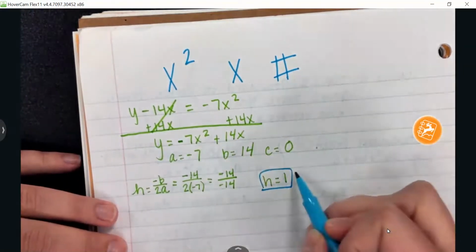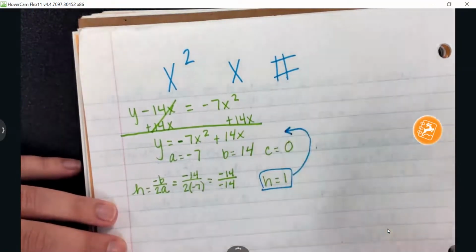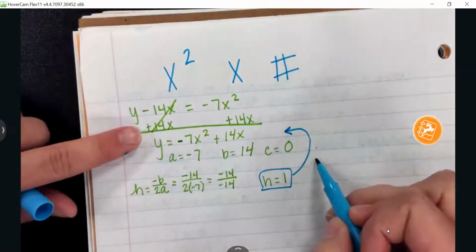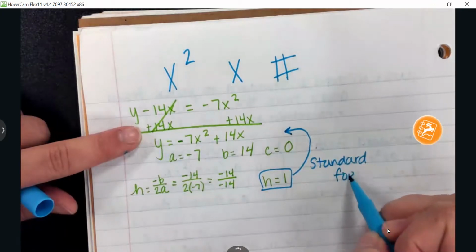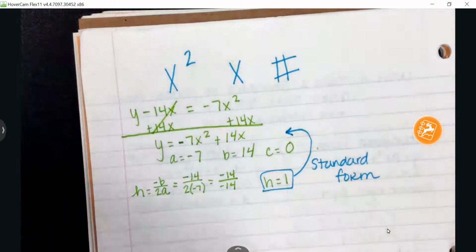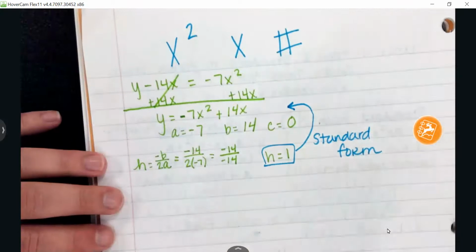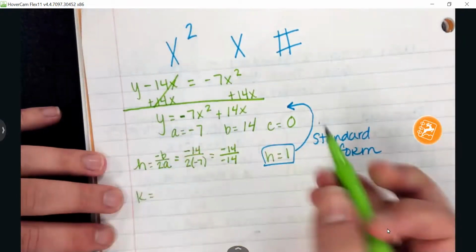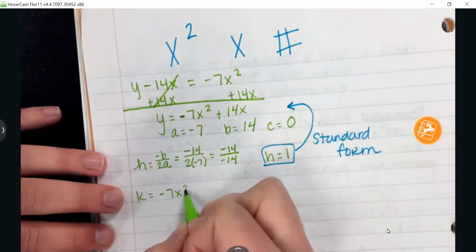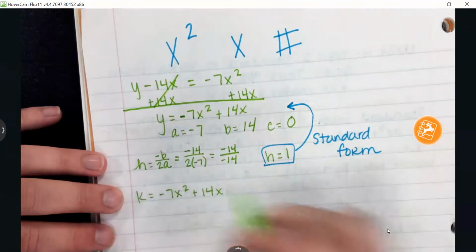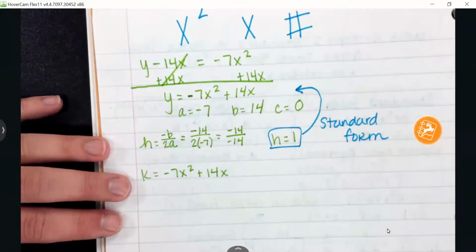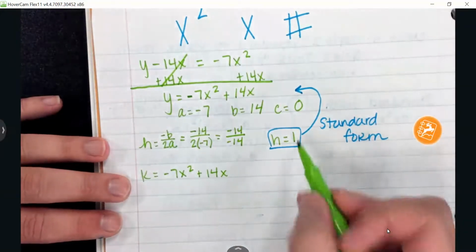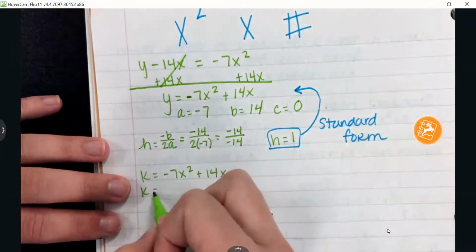Plug it into standard form. That's right here. Not the original. Plug it into standard form. So K equals negative 7x squared plus 14x. Everywhere I see an x, what am I putting there instead? A positive 1, what my H is.